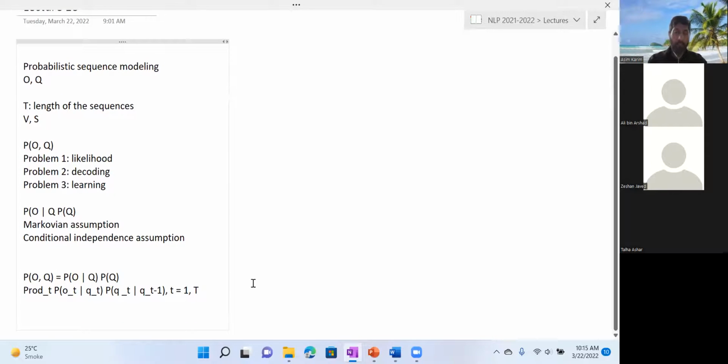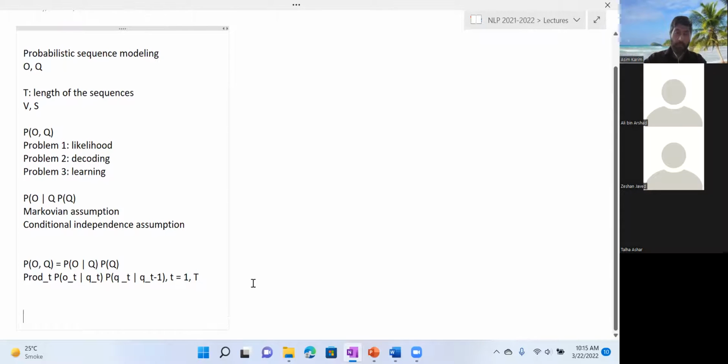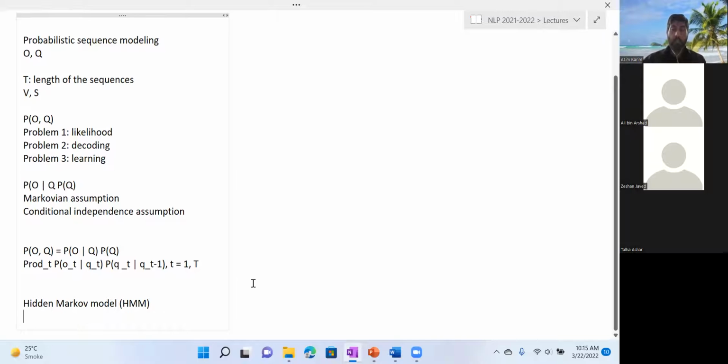Okay. So this model where we have made those two assumptions is called the hidden Markov model, also abbreviated as HMM. Without these assumptions, we have the general probabilistic model, but with these assumptions, we have a simplified probabilistic model, which in the literature is called the hidden Markov model.